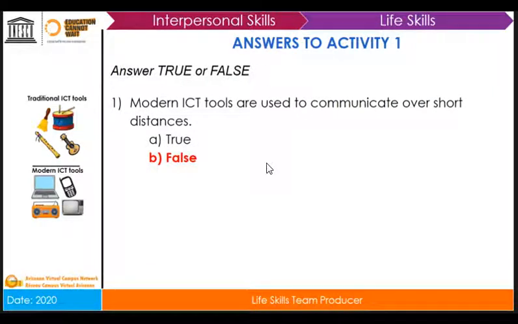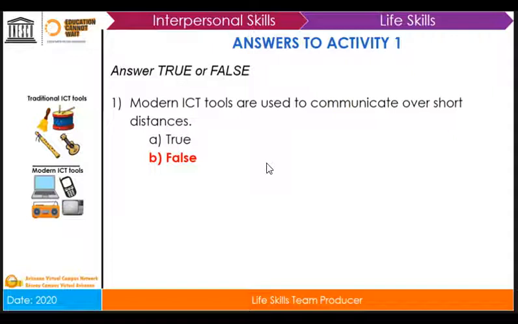Now, after critically thinking, let us give the answers to activity 1. The correct answer for question 1, I'll take the question again: Modern ICT tools are used to communicate over short distances.